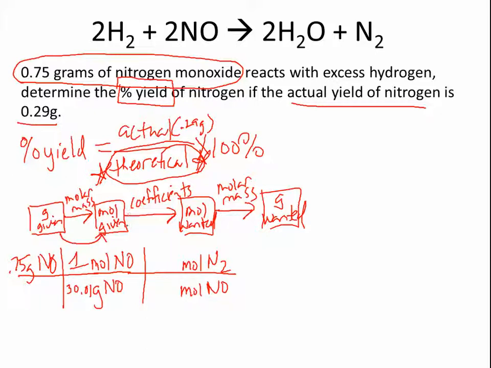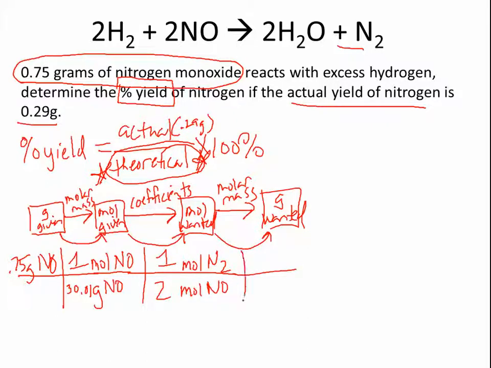And this is where, when we're going from mole to mole, we use the coefficient. So we look up here in the equation. Nitrogen monoxide has a coefficient of 2. We look over here. There's nothing written in front of nitrogen, so it's understood to be 1. All right, so if we stopped here, our answer would be moles of nitrogen. But we want grams of nitrogen, so we got one more step to do.